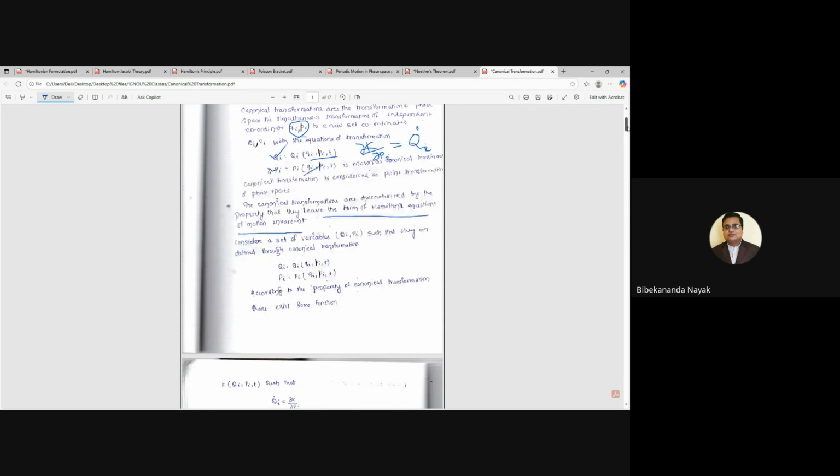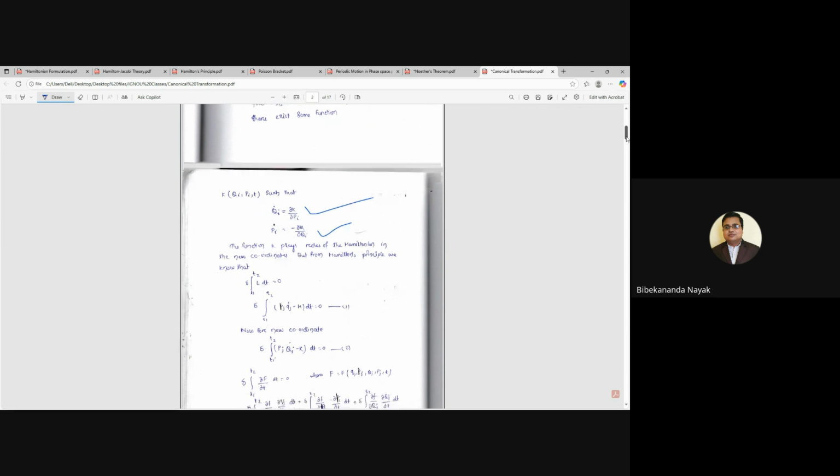Suppose here capital Q is the new Q, capital P is the new P. So here we say there exists a Hamilton equation, let's say with K: del K by del Pi is equal to capital Qi dot. Similarly, del K by del Qi is equal to minus capital Pi dot. Hamilton's equation also exists in the new coordinates in the same form. Okay, that is called canonical transformation.